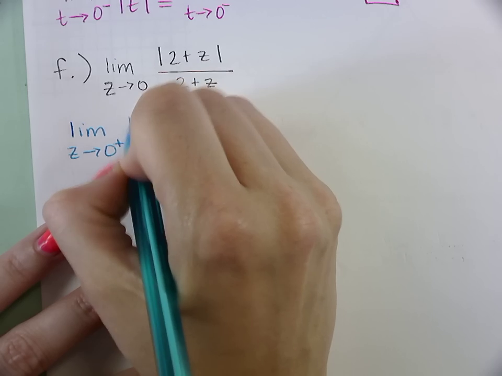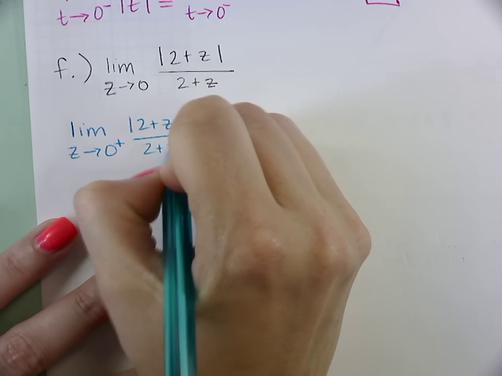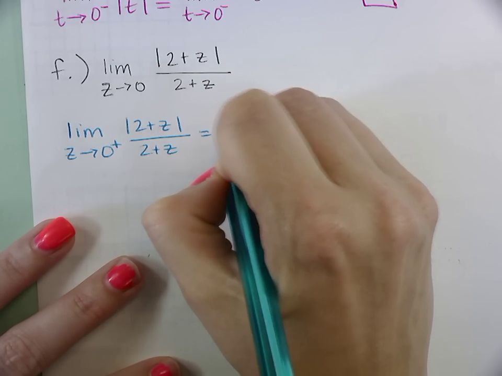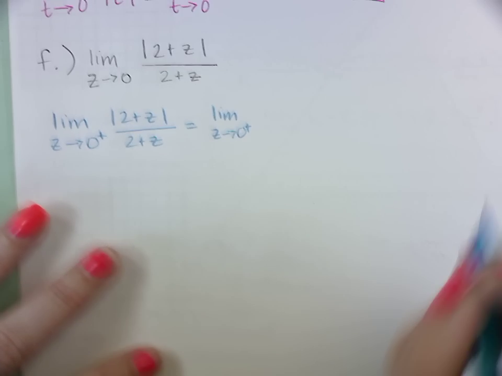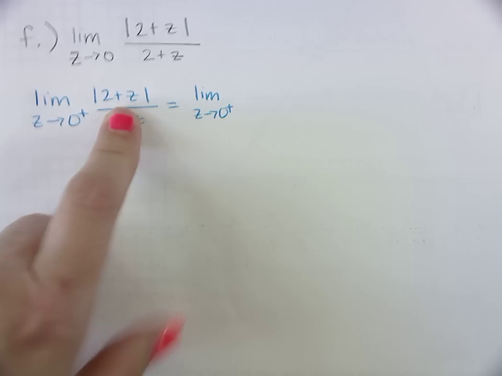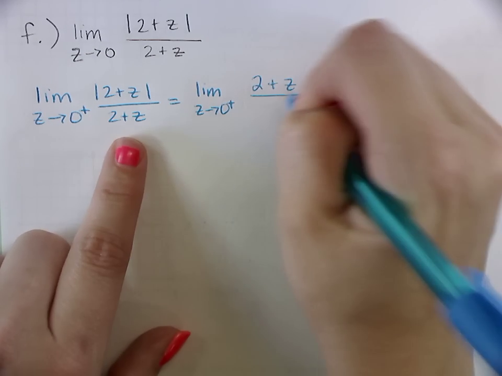We're going to write this out original first. If it's positive, just like we had before, we would just use t. This is positive, so we're still just going to have 2 plus z over 2 plus z.